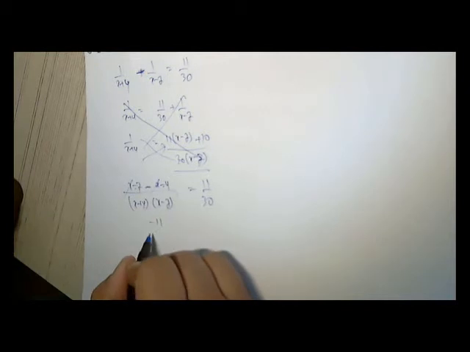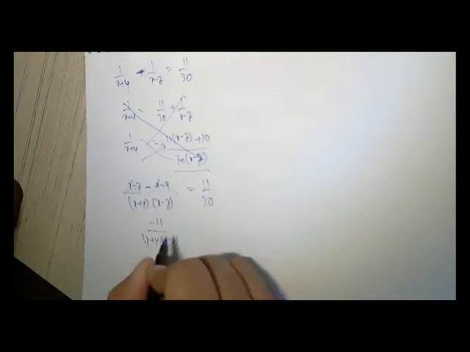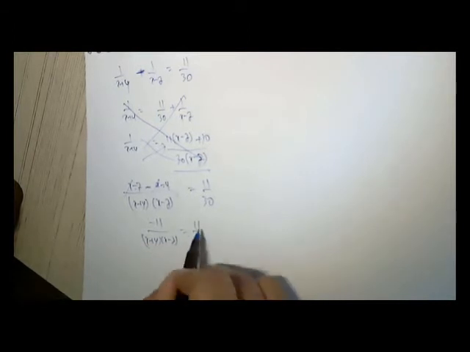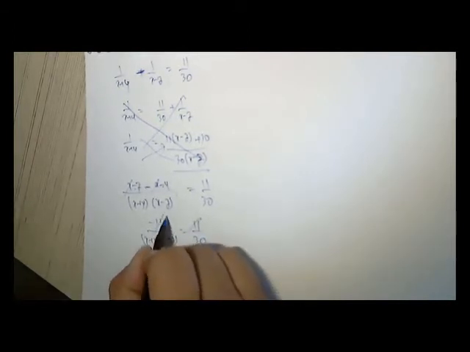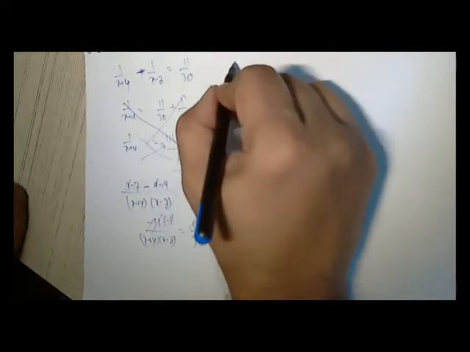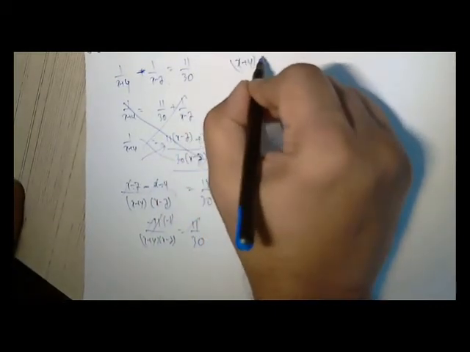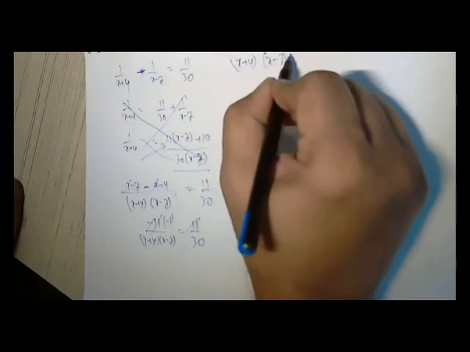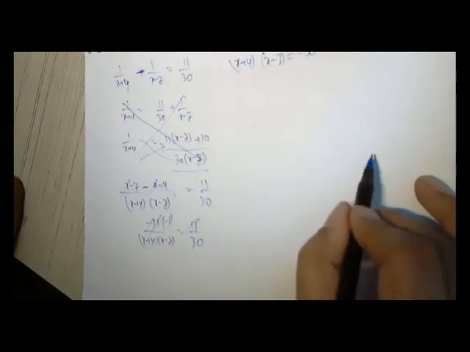So x minus 7 minus x minus 4 is minus 11 by (x plus 4)(x minus 7) equal to 11 by 30. 11 gets cancelled, this becomes minus 1. So (x plus 4) into (x minus 7) is equal to minus 30.